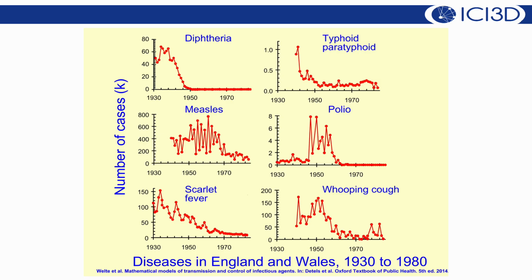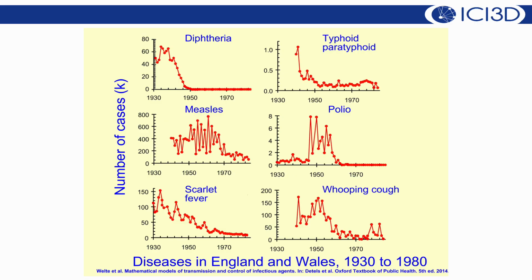And you can see that basically it hung around at a very low level between 1930 and 1940. In fact, pretty much until the end of the Second World War. And suddenly it went completely berserk. And then it disappears to pretty much zero by the 60s, in England and Wales, not necessarily everywhere else in the world.